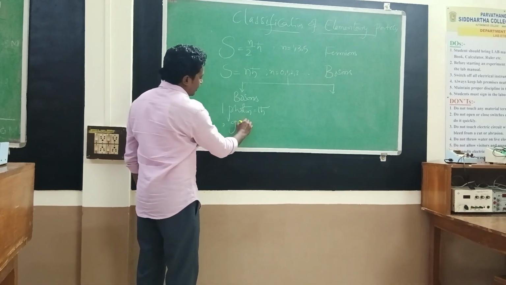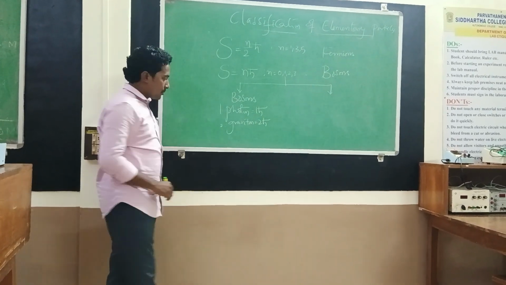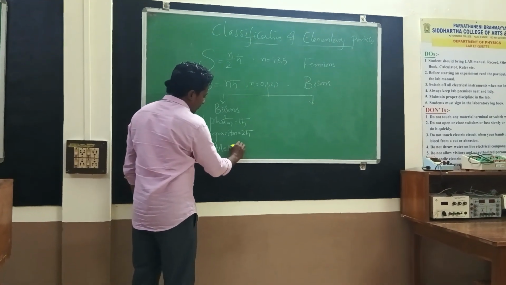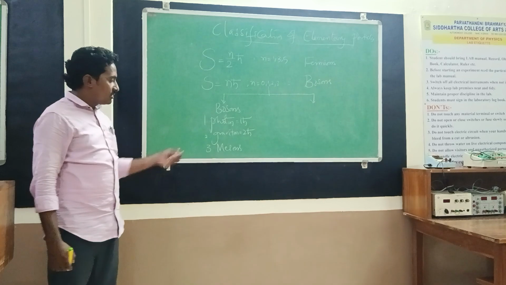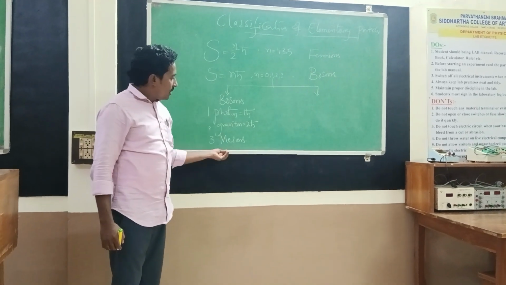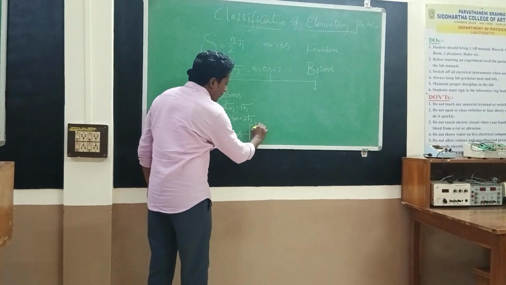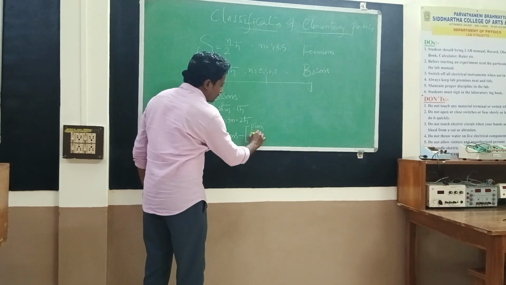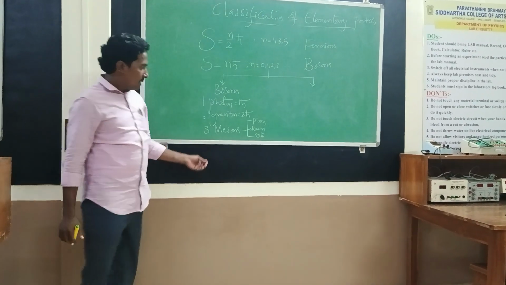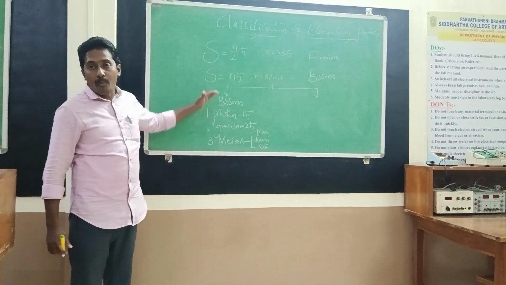Number 2, the graviton, which is also a boson; the spin of the graviton is 2 h bar. Third, mesons. A meson is the particle responsible for the force between nucleons inside the nucleus. Mesons are classified into three more subcategories: pions, kaons, and eta mesons. So photon, graviton, and mesons are examples of bosons.